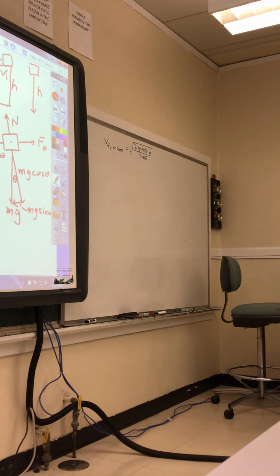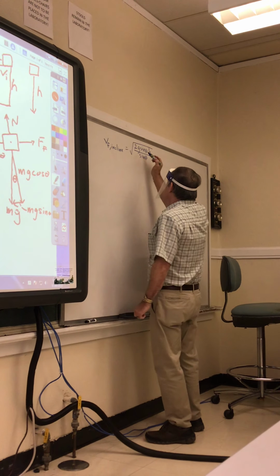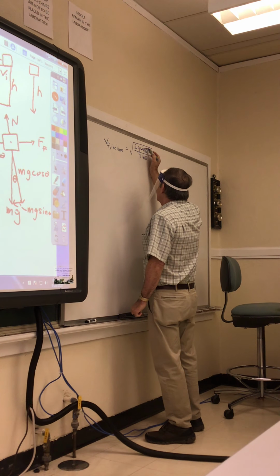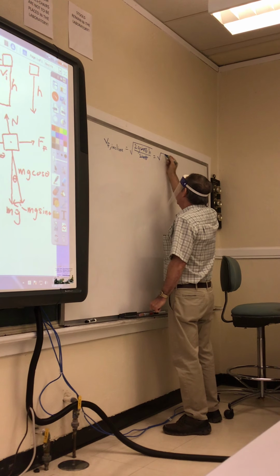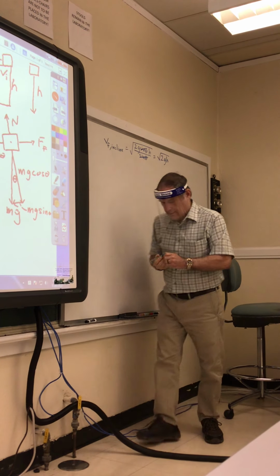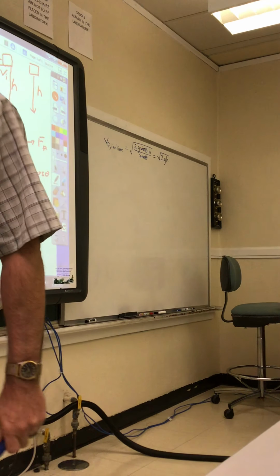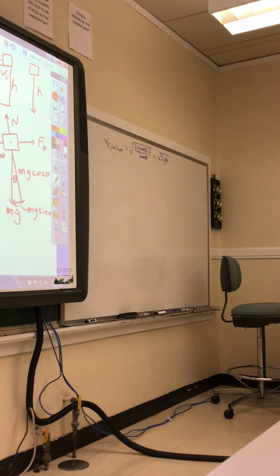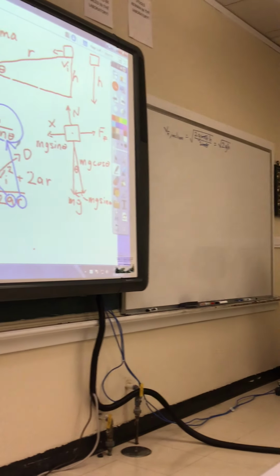What cancels? Sine theta. Looks like sine theta cancels, doesn't it? Square root. So the speed of the block on the incline when it hits the ground, the bottom if you will, its speed is the square root of 2 times gravitational acceleration times the vertical height.